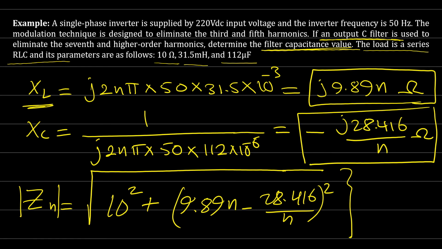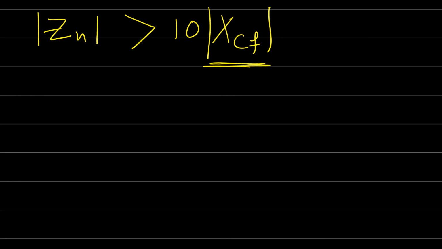Now we need to design our filter to be able to cancel the 7th and the higher order harmonics. The nth and the higher order harmonics would be reduced significantly if the filter has much smaller impedance than the load, and this is usually less than 1/10. Now we can say that Zn, the impedance, must be larger than 10 times the capacitor reactance. So this capacitor reactance must be much smaller than this impedance in order to eliminate the harmonics.